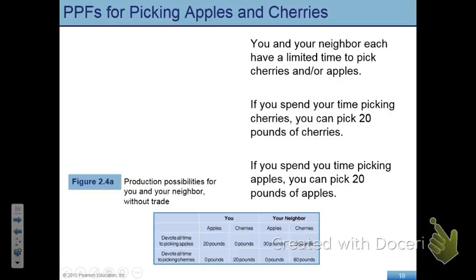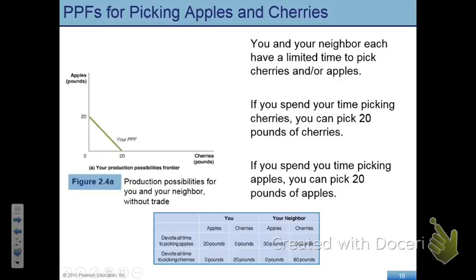His specialization is slightly different, and that's what initiates interesting discussion. So please take a look at the numbers. For you, it's 20 apples and 20 cherries. For your neighbor, it's 30 apples and 60 cherries.